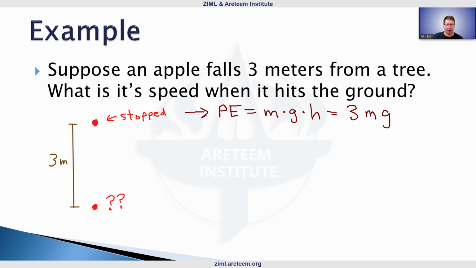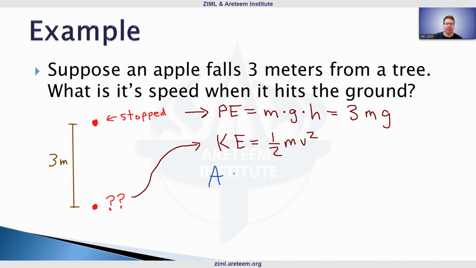Now, at the bottom, let's think about the kinetic energy, because remember, we're trying to find the speed of the apple. So the kinetic energy here is 1/2 mv squared, and that's what we're looking for in this scenario. Now, the key idea here and the importance about energy and some of the downfalls, which we'll explain a little bit as well.